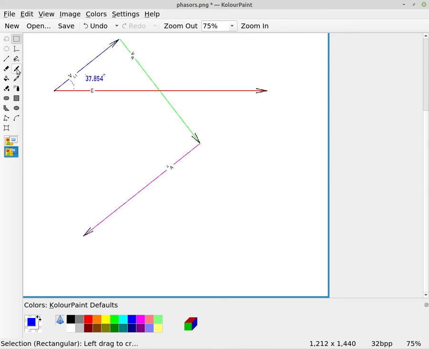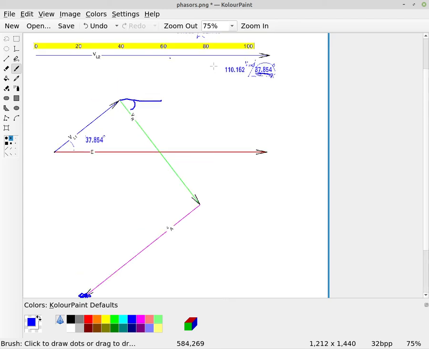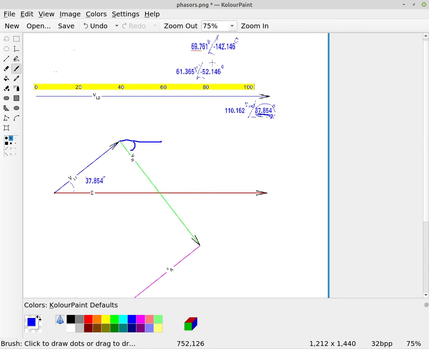If you look here, we're actually way down here. This is E, way up here is my source supply. And so we went up at this angle. And then this angle here was the angle of minus 52 degrees.